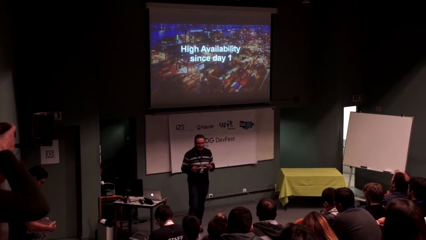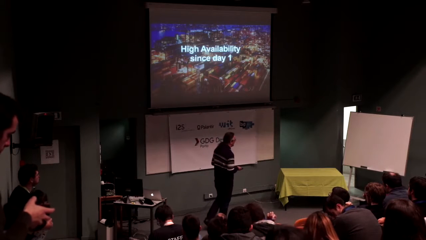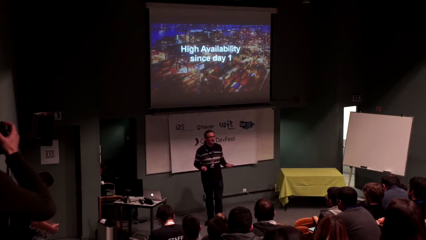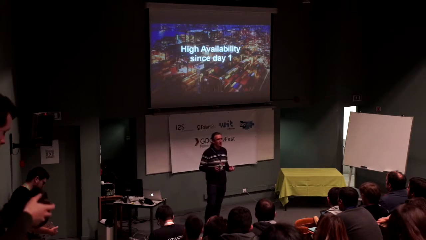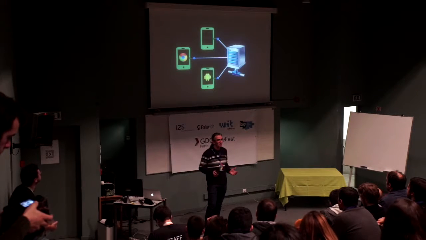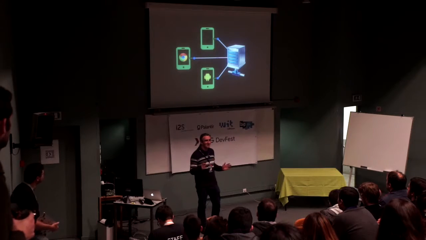So as you know, when you are developing an app that's supposed to be used by everyone in the world, you don't want to be a victim of your own success. So high availability comes from day one. So we decided to create a model that will be incredibly available, which is this, right? No single points of failure, nothing. That's our model.